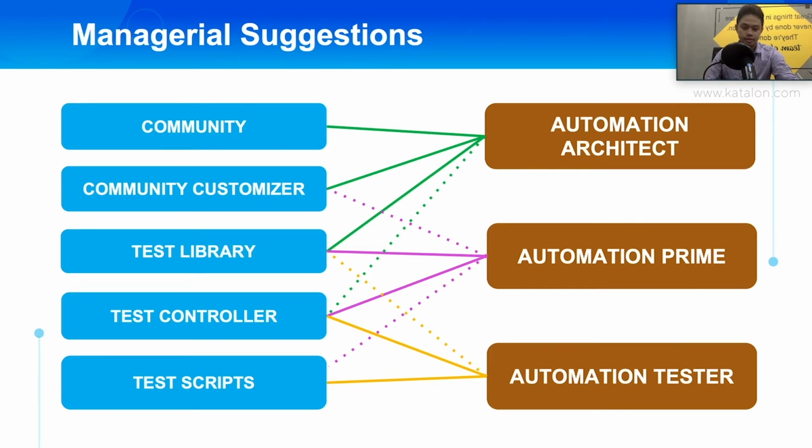So the automation tester works on the script only. If they need to update something in the utility or in the flow, they need to work with the prime or with the architect. This is to make sure your project will be at the highest level of maintainability.